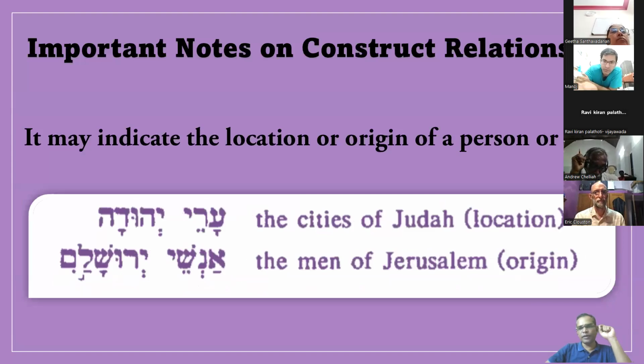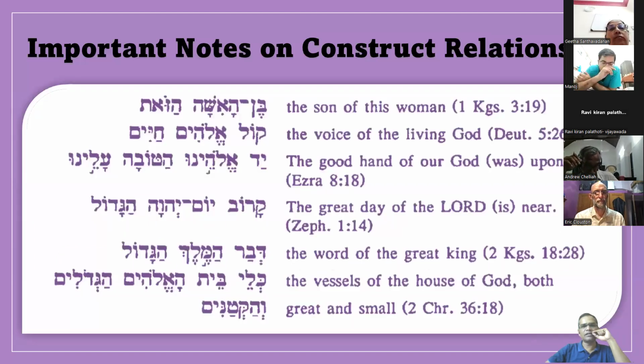What are the purposes? I had a doubt. Yes. In the construct relationship, the great day of the Lord is near. Here, Yom Adonai is in construct relationship, but these other two are adjectives, right? So why are they mentioned like this?